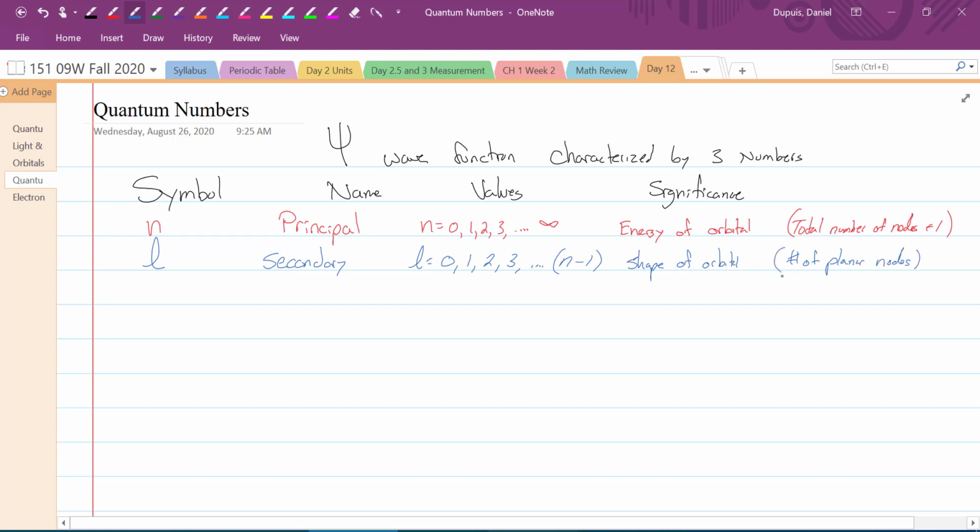Then there's the magnetic, M sub L. And M sub L equals negative L through 0 through positive L. And this gives us our orientation of the orbital, which is the orientation of the planar nodes.